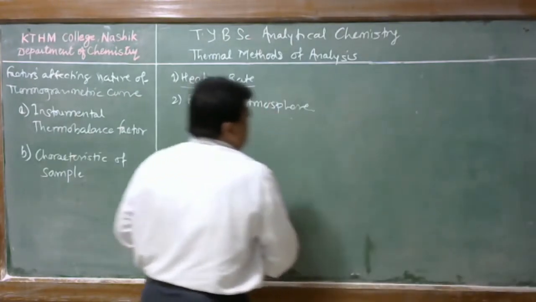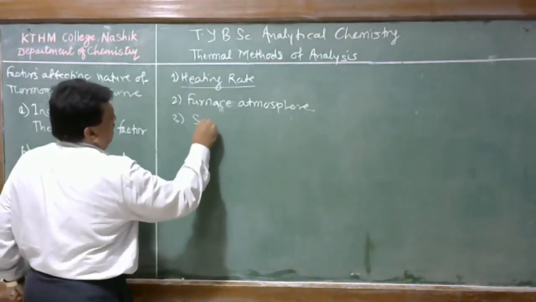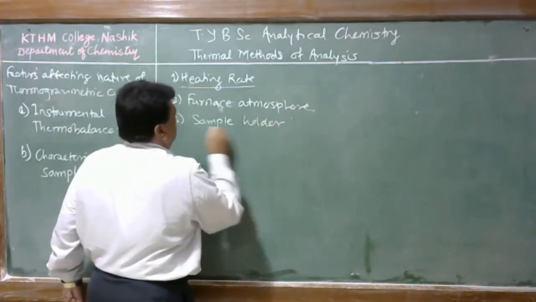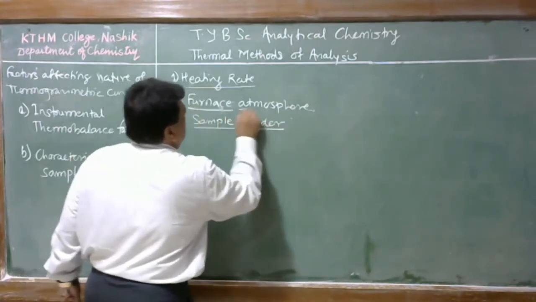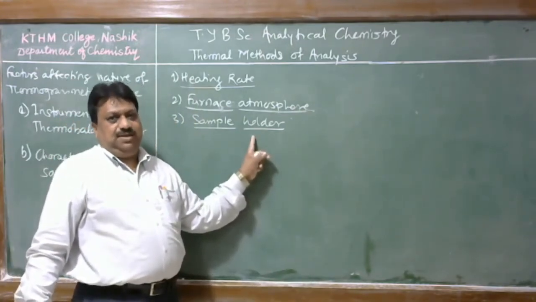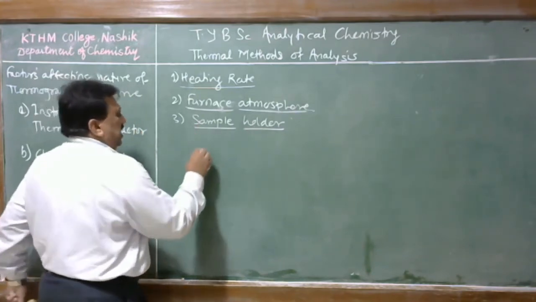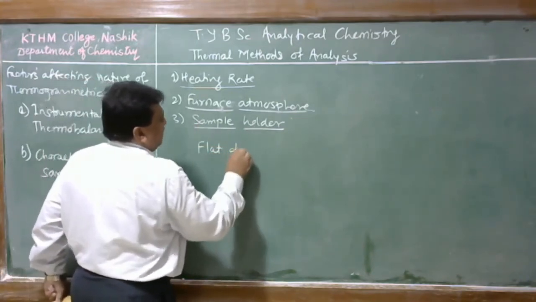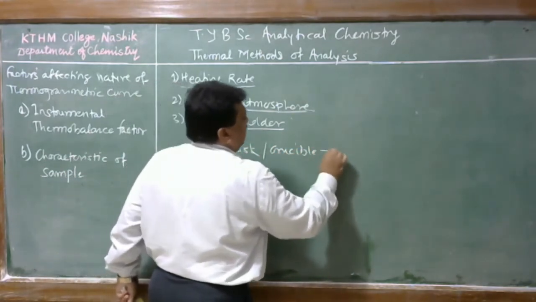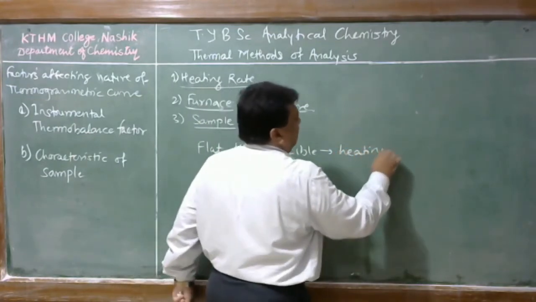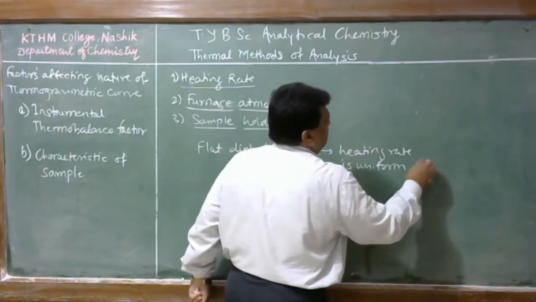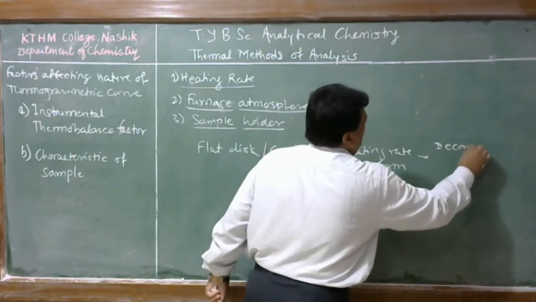Next is the sample compartment or sample holder. Sample holder means a container present in a thermobalance where we place the sample. If this sample holder is a flat disc or a crucible, then heating rate is uniform and the substance decomposes at lower temperature.